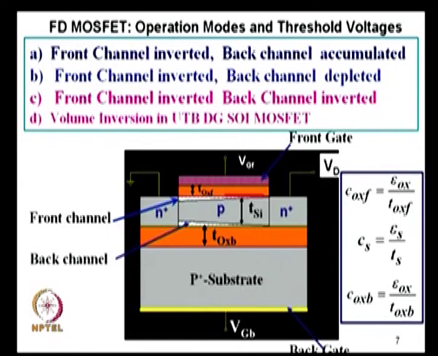When you go to subthreshold slope, you will see that capacitance comes into the picture. Okay, that is why I just brought it in here. Back oxide capacitance, Cox B. Now, when we go into the analysis of this structure, we will assume that this P layer is P plus. Okay. That is, it is heavily doped, so that whatever voltage you apply is available here.